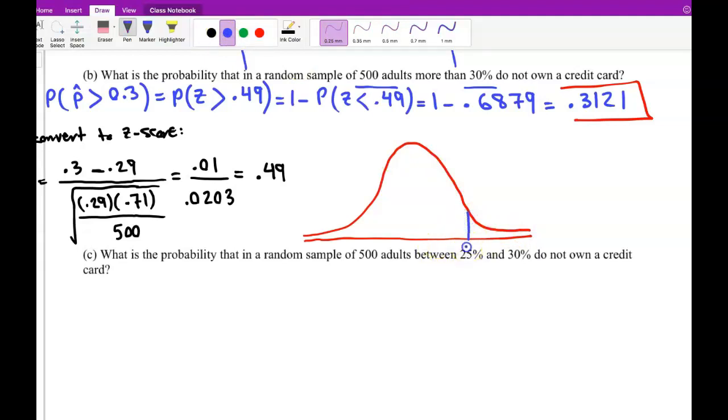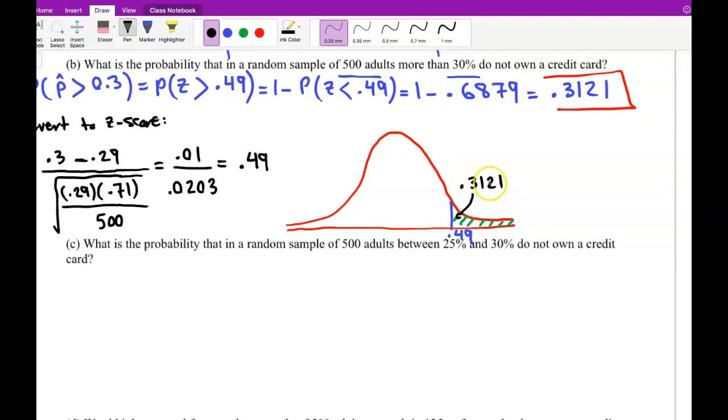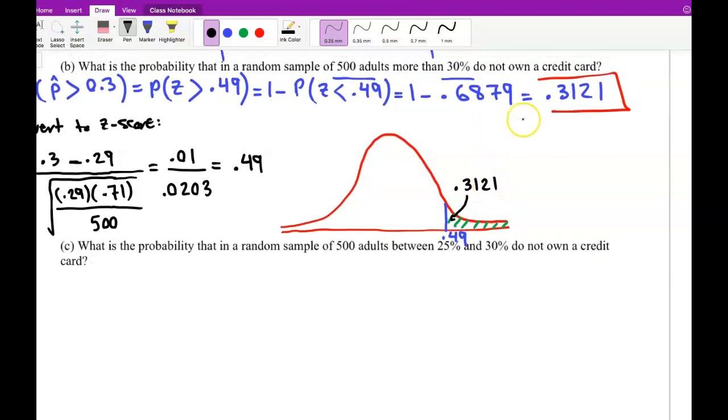So this was the 0.49, and the answer that we got was for the area to the right. What that means, okay, they didn't ask us to interpret, but I'll write that.